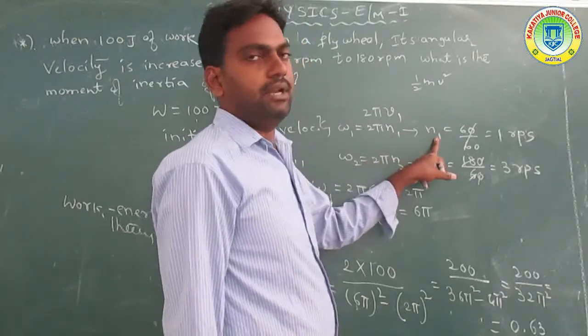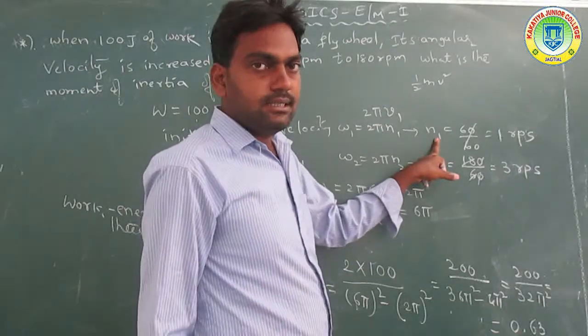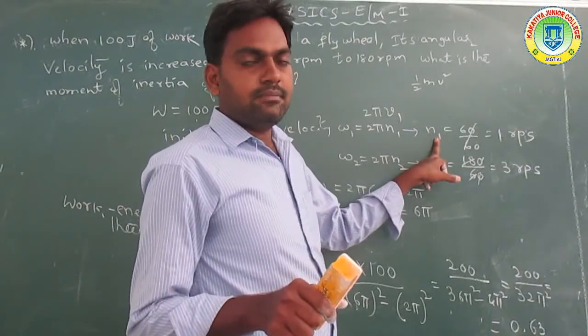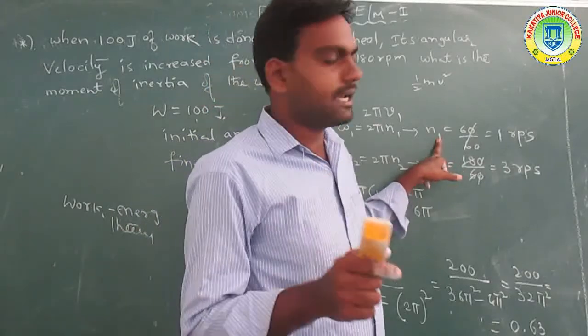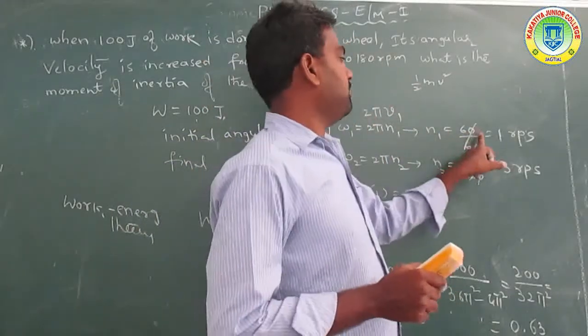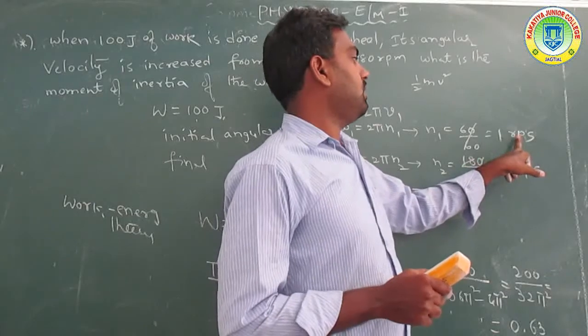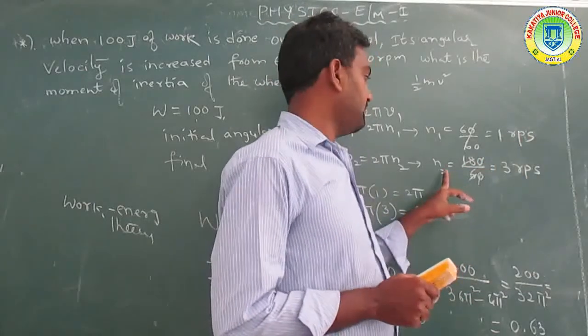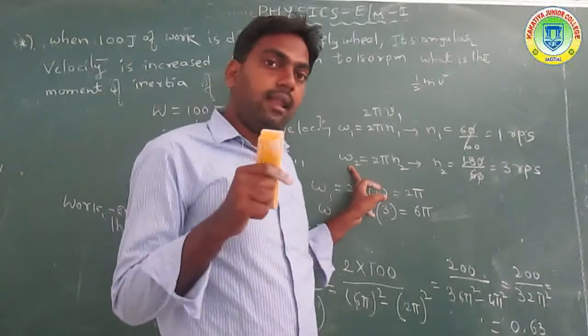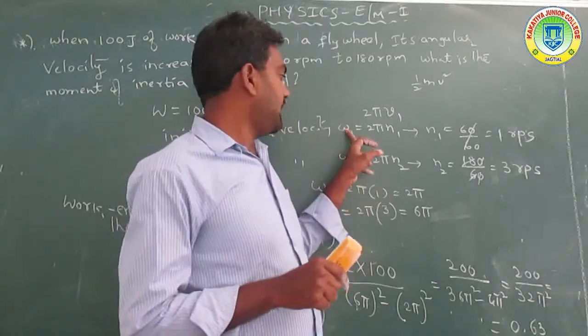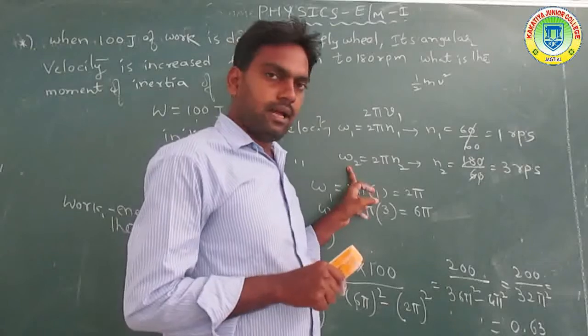N1 is the frequency: 60 rotations per minute is rotations per 1 second, so converting to 1 RPS. Similarly omega 2 is the final angular velocity, and omega 1 is the initial angular velocity.